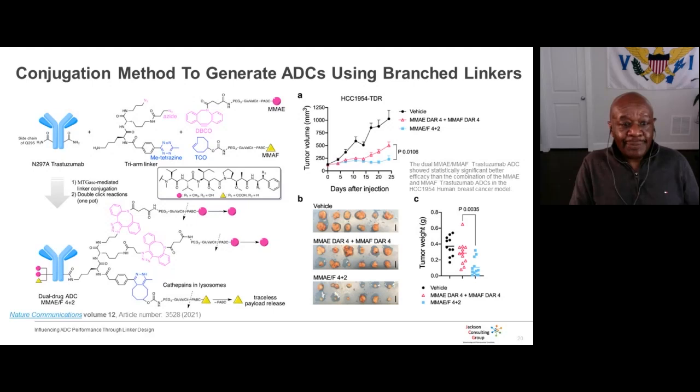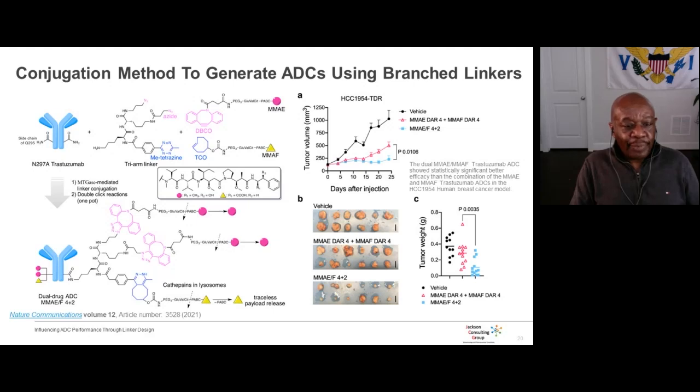Now, with regards to the last part of my presentation, we're talking about the utility of branched linkers to facilitate the incorporation of dual payloads. With this technology, essentially what they've done is use the MTG ACE to mediate the linker conjugation to the antibody, and they have orthogonal chemistry that they use to incorporate MMAE and MMAF into the ADC, right?